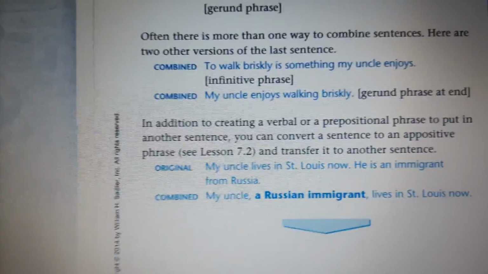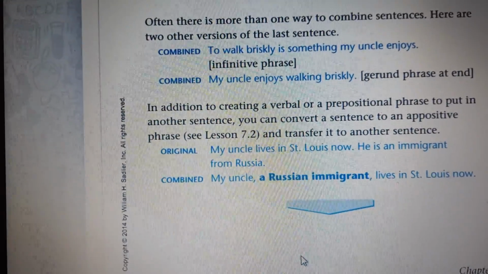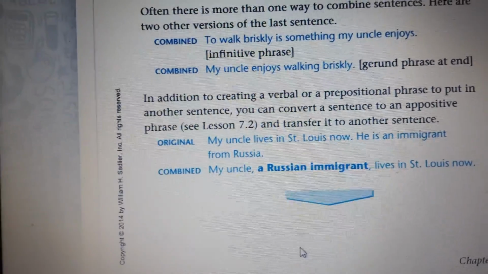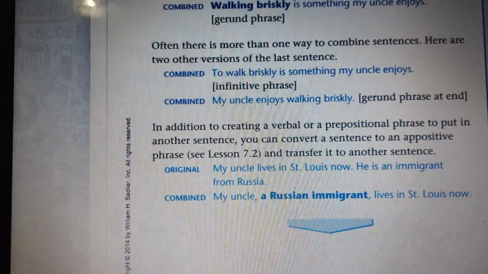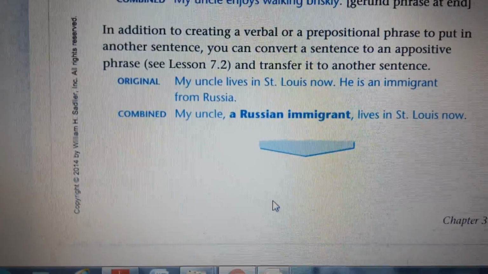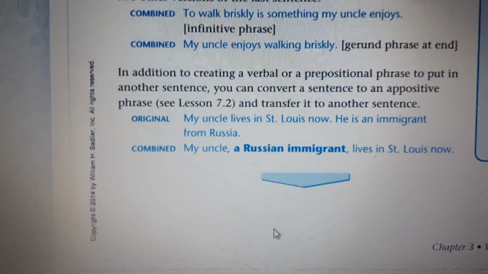My uncle lives in St. Louis now. He is an immigrant from Russia. My uncle, a Russian immigrant, lives in St. Louis now. Okay, I just want you to learn how to write these, and that's it.